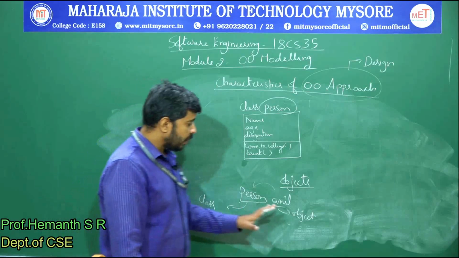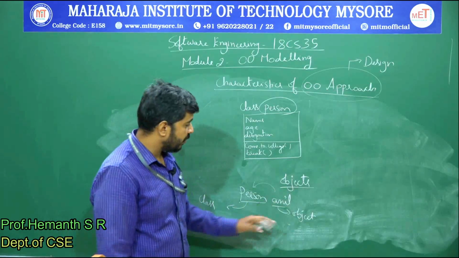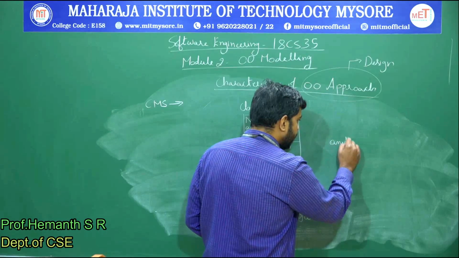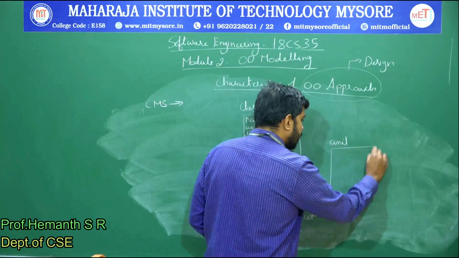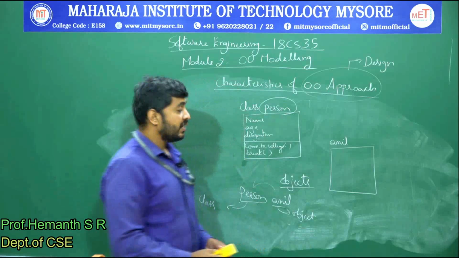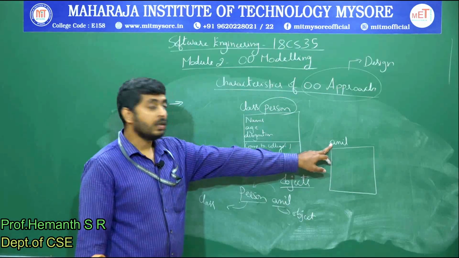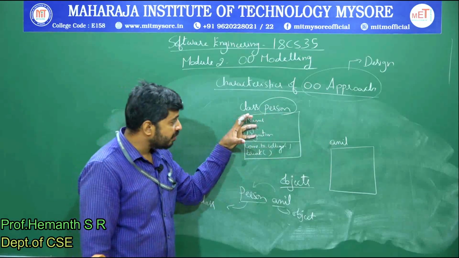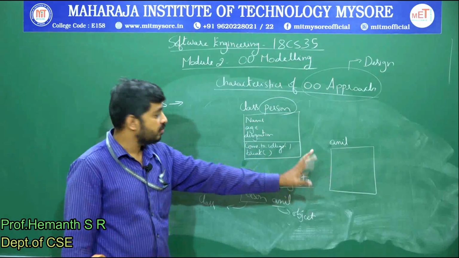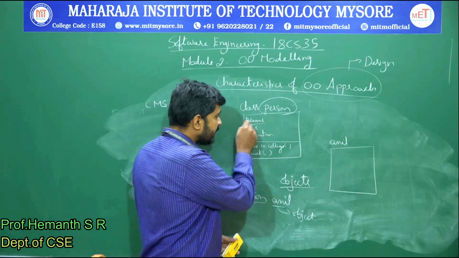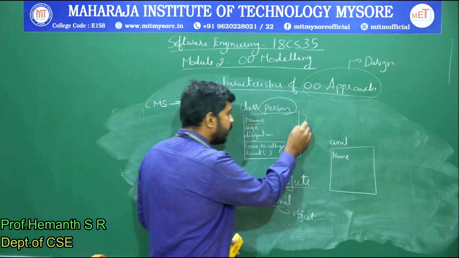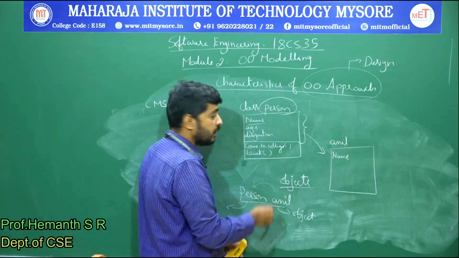Now what will be the outcome of this in the memory when you execute this? So now the Anil object will be formed. Whatever is there in the class associated with the Anil object, everything will be copied to this object. For example, name is there, name will be copied here. So all these attributes will be copied here to this object.